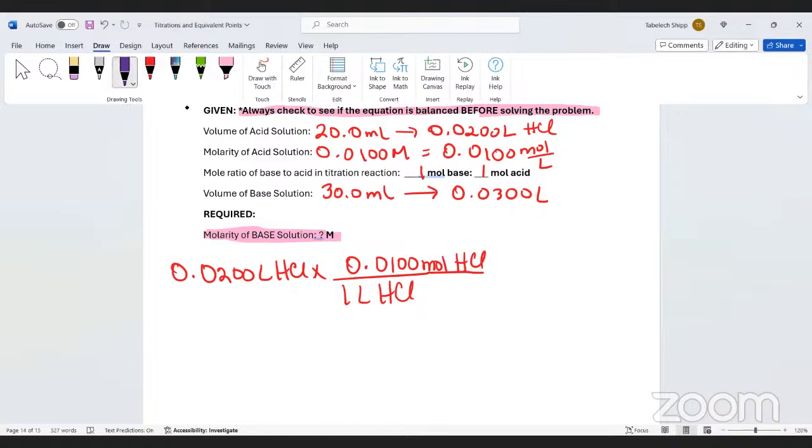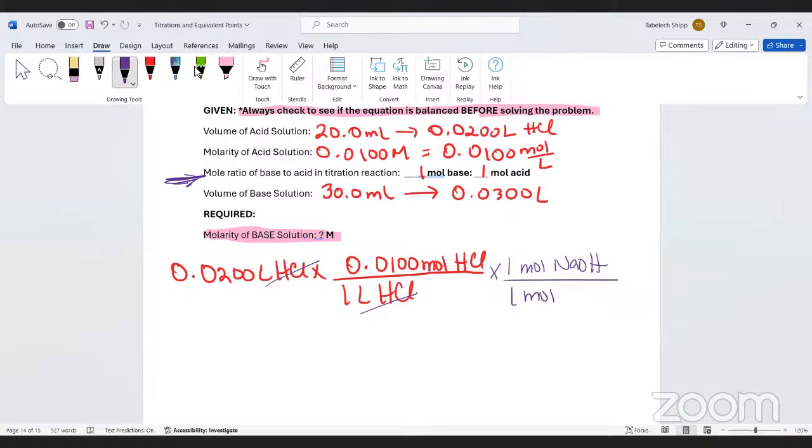We're going to cancel out our liters. We don't need those anymore. And then in this step, we're going to go to our mole to mole ratio of the acid and base. So we're going to put 1 mole of sodium hydroxide on the top and cancel that with the 1 mole of HCl.